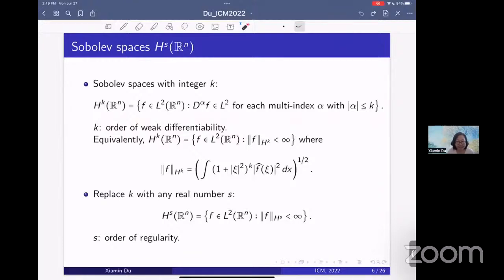A function f is in H^k if and only if this integral here is finite. And we denote this quantity by the H^k Sobolev norm of f. The advantage of this equivalent definition is that in this expression, we can replace the integer k by any real number s and use it to define the Sobolev space H^s over R^n. Here, the real number s represents the order of regularity.